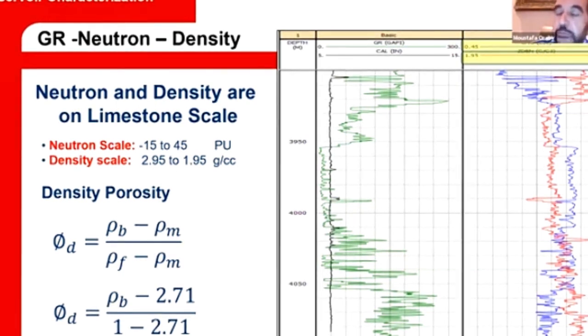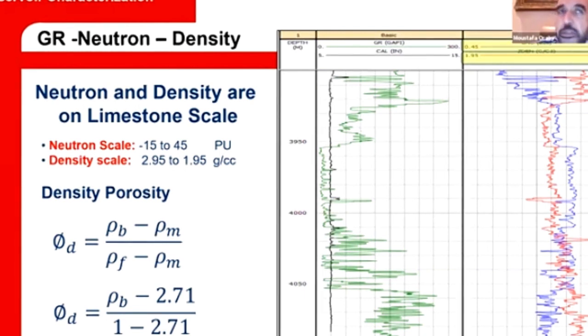I'm sorry, on the same track. Once they are on the same track, they have to be on the same scale as well. I cannot put two different scales on the same track, one on a limestone scale and the second on a sandstone scale, and then interpret both. It doesn't work this way. That's why we isolated the gamma ray on one track by its own, because there is nothing called limestone, sandstone, or dolomite for the gamma ray.